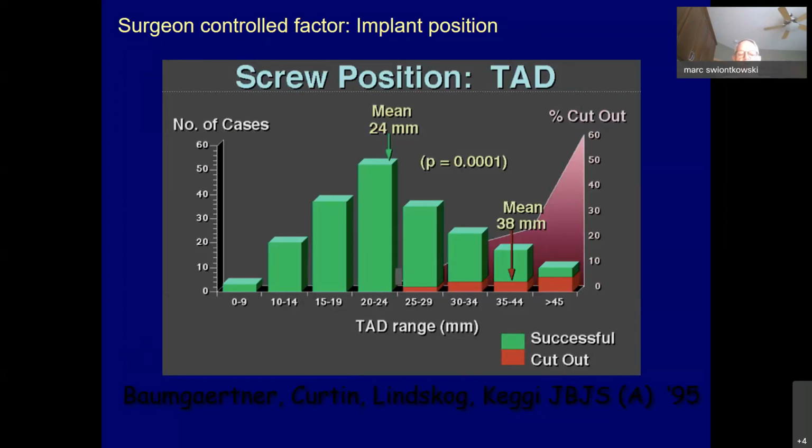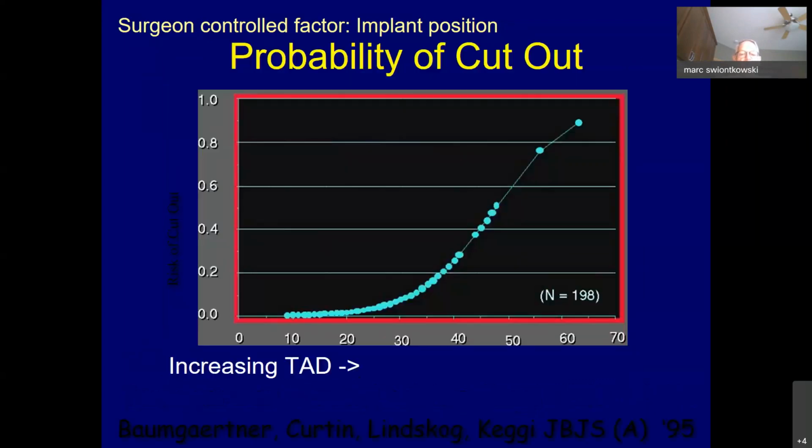And you can see that the greater the tip apex distance beyond 24, the higher the risk of cutout, with very high percentages at greater than 30 millimeters of tip apex distance. So this is a very, very important concept.